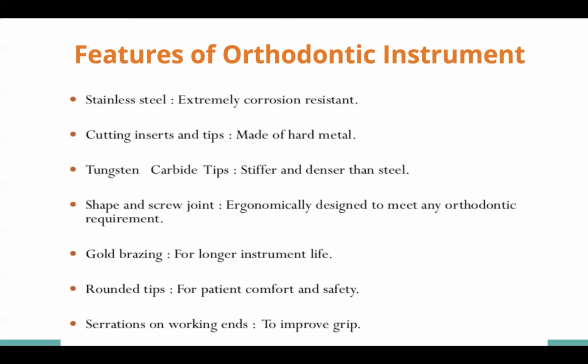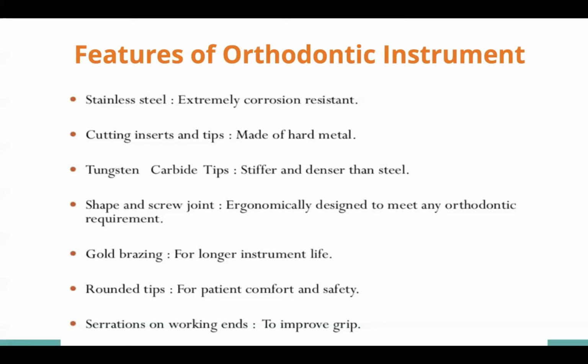So when you're going to buy the instruments, you have to see which instruments you are taking. They are majorly made of stainless steel, but the tip of the instrument could be of tungsten carbide. Those instruments which come with a tungsten carbide tip are very nice instruments and they are expensive.